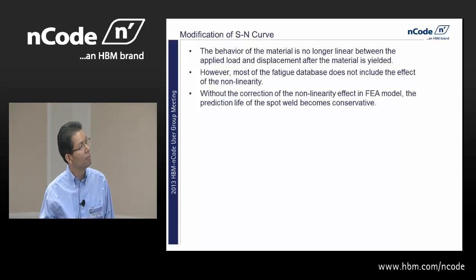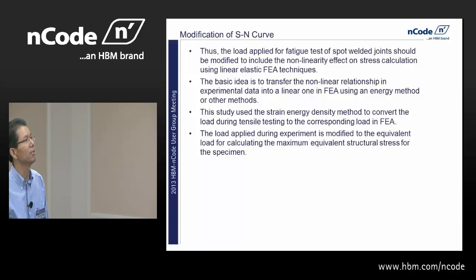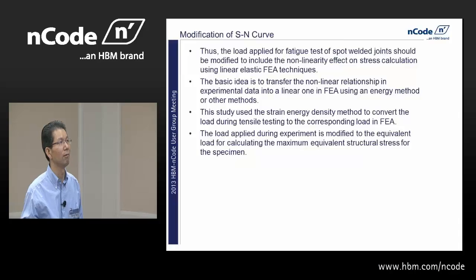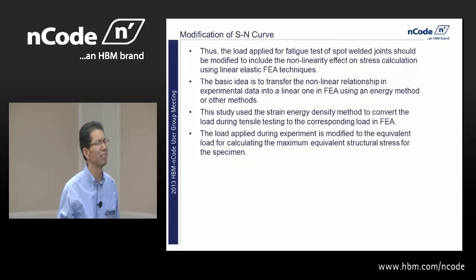So it's the same thing. I was just describing the basic idea of transferring the nonlinear relationship in experiment data into a linear one in FEA. We're using an energy method. What is the energy method?